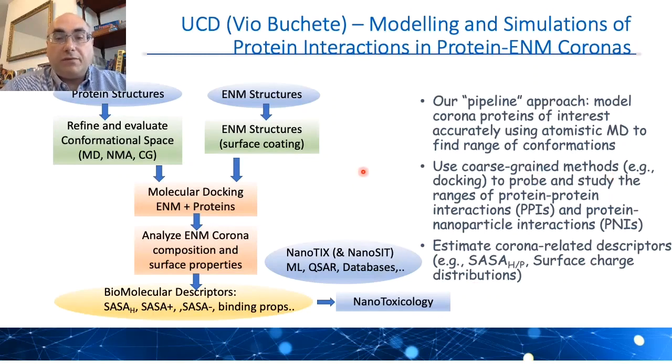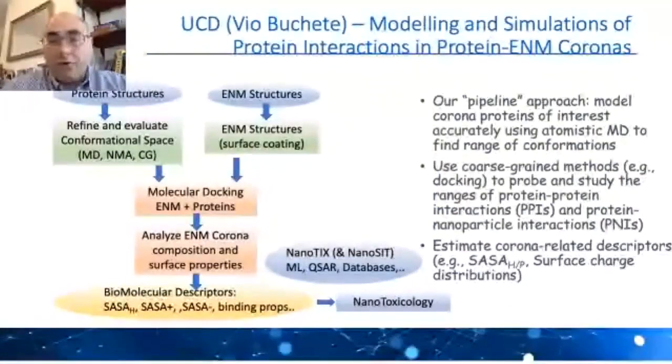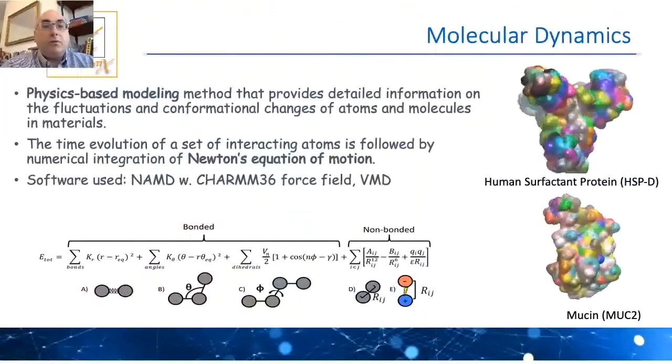Right, so this is the brief description of the pipeline of our approach, and this is very simplified. As we know, both the nanomaterials, but particularly the protein structures, can be very diverse, and they need to be prepared.